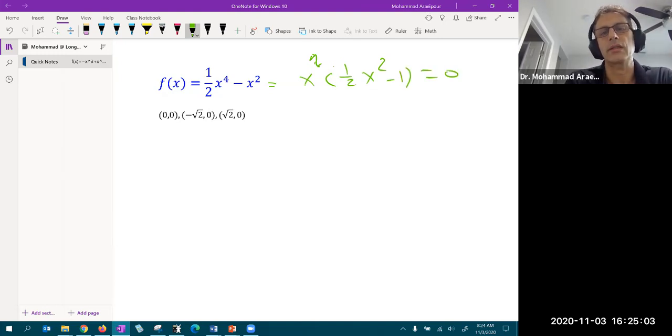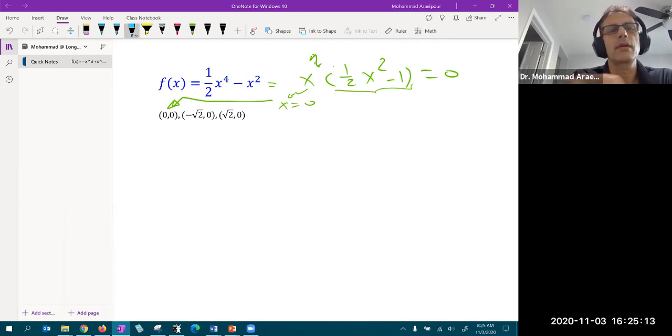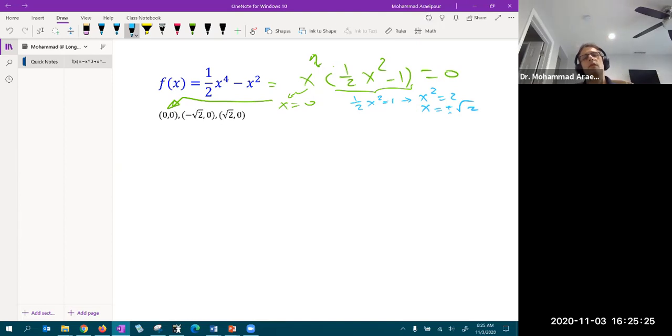We are looking at intercepts. So this gives you 0, which means 0, 0. This one gives you 1/2 x squared equals 1, x squared equals 2, x is plus or minus the square root of 2, and it gives you what you see.